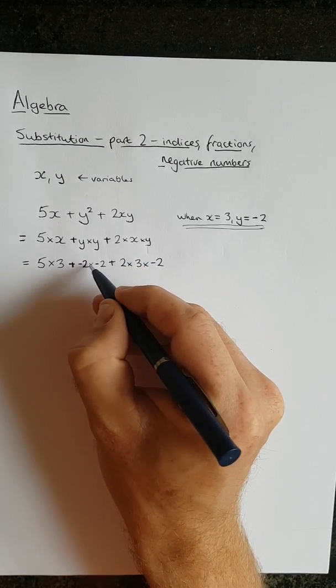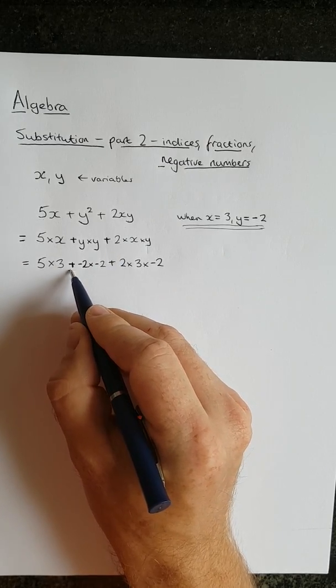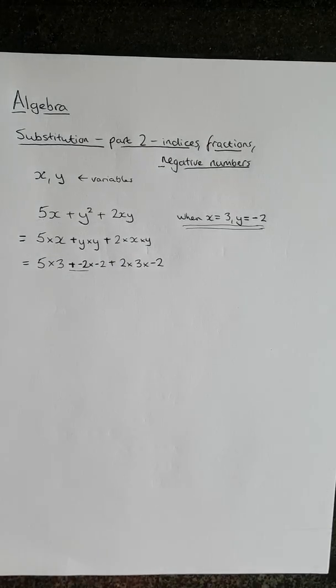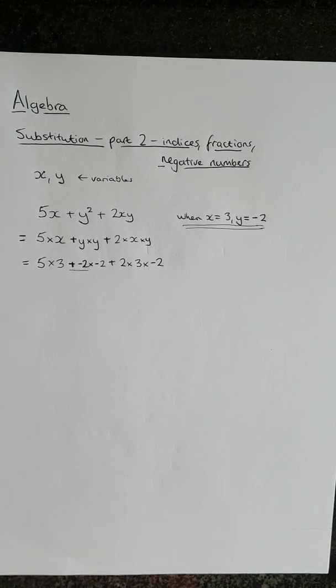You'll notice here in the middle, I've got 2 symbols next to each other, and we'll deal with that in a minute. So, we've now substituted in our value. Now we have to calculate.